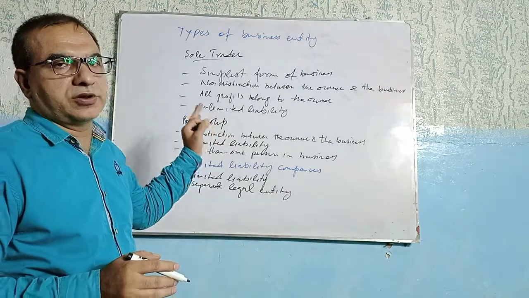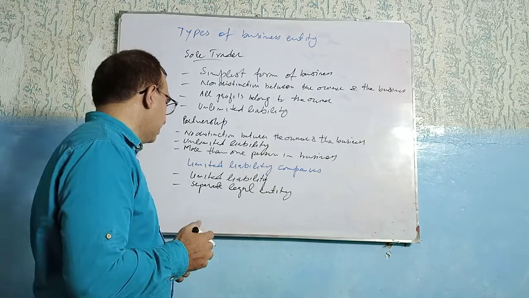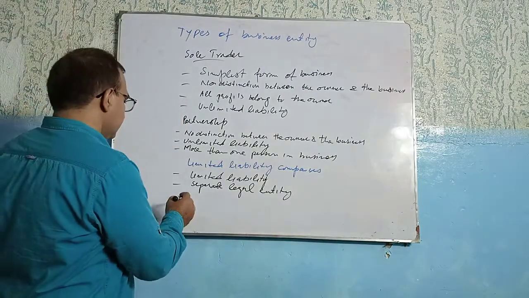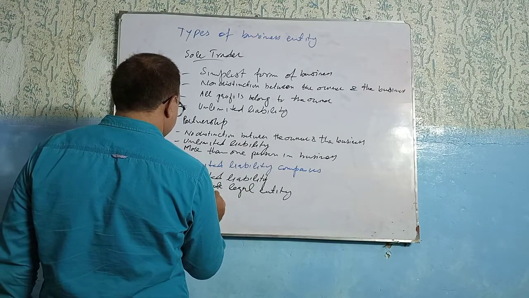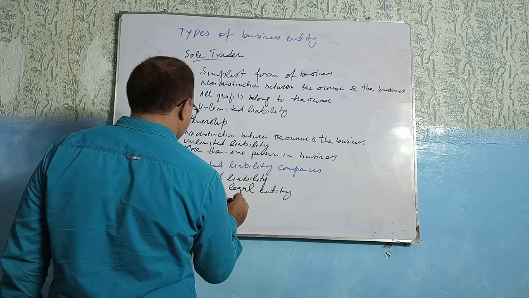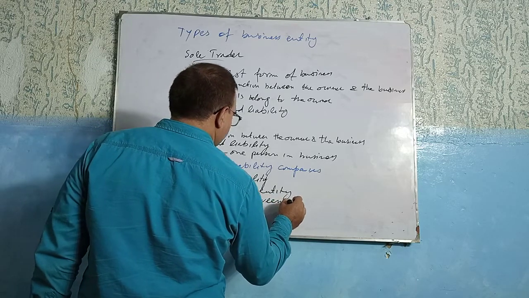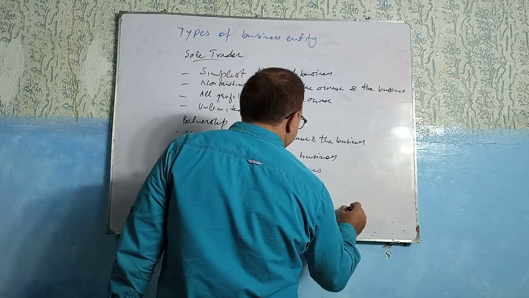Shareholders' responsibility is limited to their shareholding, so they don't need to worry. Management and ownership are different. There is a distinction between owners and management.